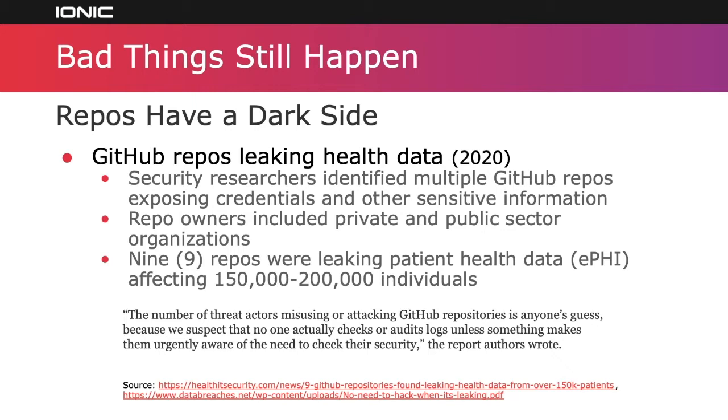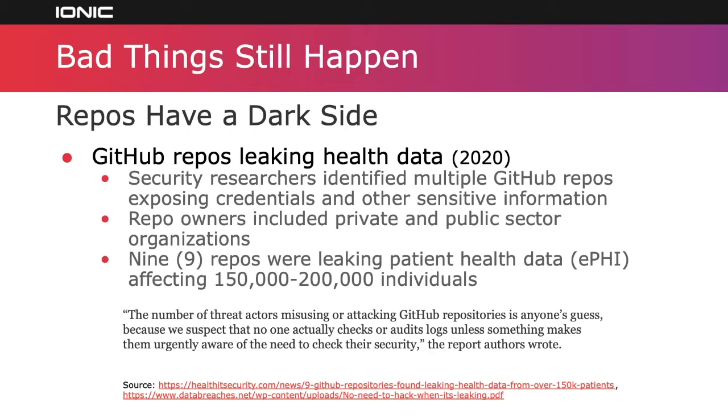And that could be due to either misconfigurations in those data stores themselves, or again, if credentials are exposed, then it opens the door for attackers to pivot and gain unauthorized access to those storage repositories.